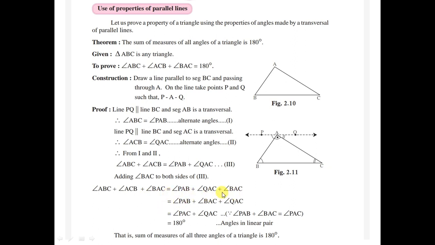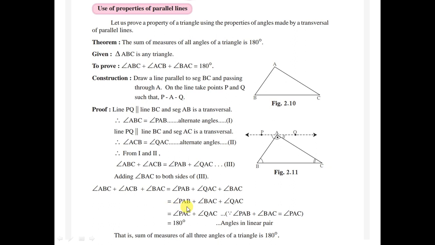Now the order of the angles is PAB, BAC and QAC. The angles are written in an order, otherwise no change is done. So angle PAB plus angle BAC plus angle QAC. But angle PAB, angle BAC and angle QAC make a straight angle. A straight angle has the measurement of 180 degrees.